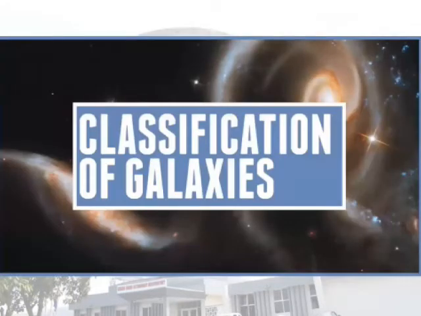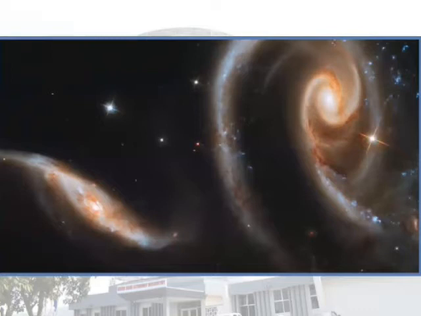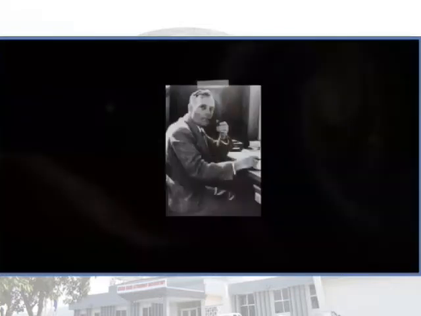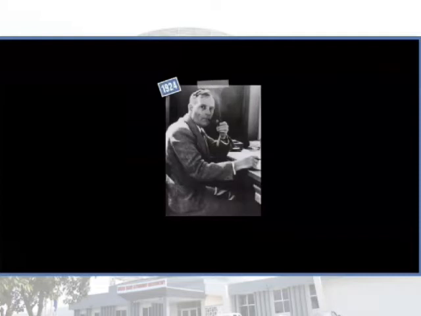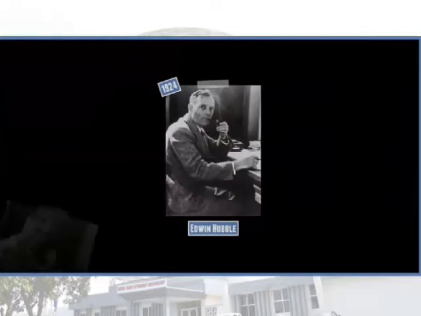How are galaxies classified? You can't just look at galaxies and say, okay, this one is this galaxy, or this one is far away. Galaxies were classified when an astronomer called Edwin Hubble in 1924 proved that galaxies are distant objects bound together by gravitational forces.